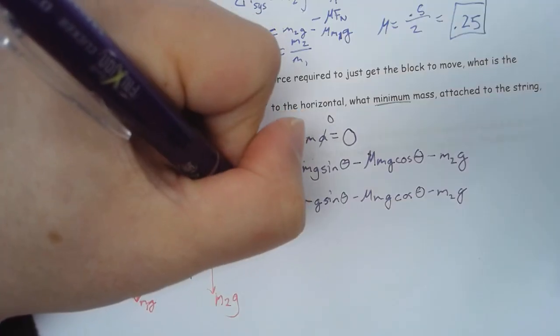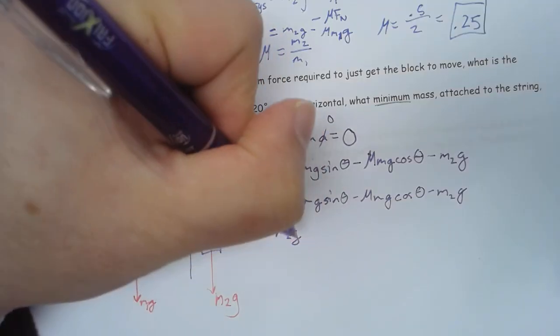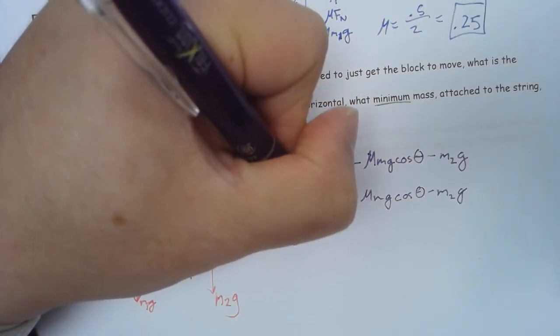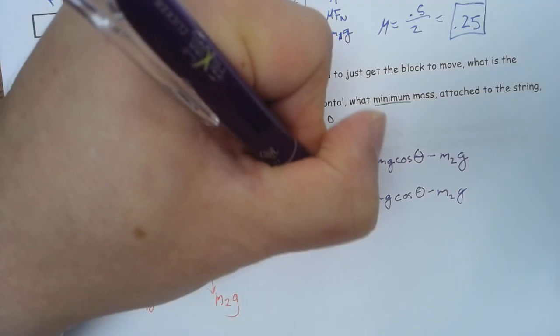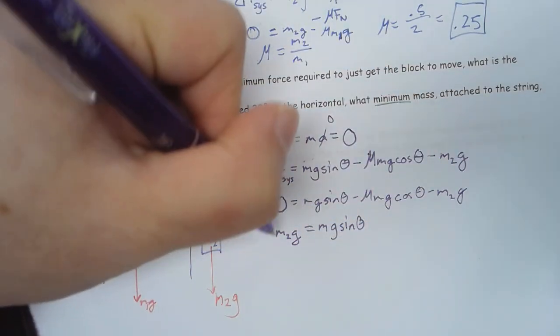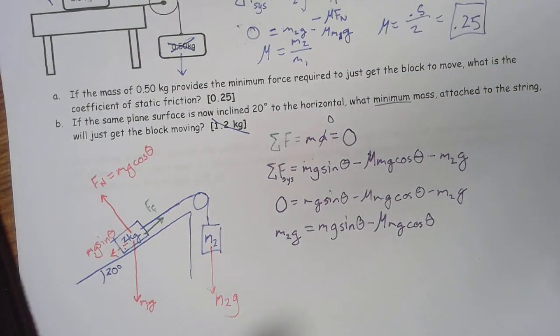Sure, that's really easy. M2G, because we're looking for M2, right? If we move M2G over, that's awesome. Did I copy it down right? I moved M2G over.